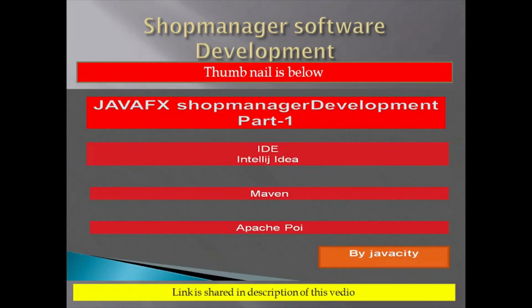This is the thumbnail of the video in which we get a little idea about the IDE, that is the integrated development environment, which is required for making software. We have chosen IntelliJ IDEA, and Maven is a tool. All the details are present there, and there's also Apache POI. I advise you to visit this video before going ahead, so you can make up your mind about how we are going ahead.